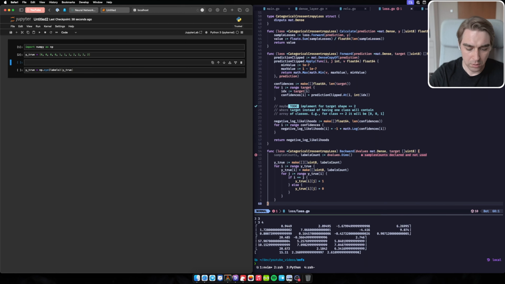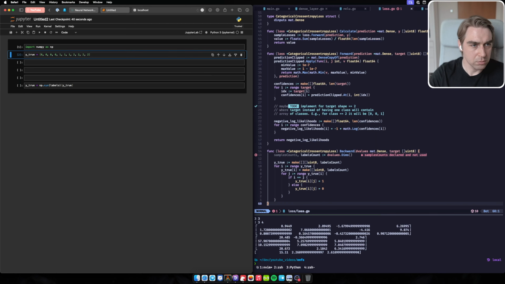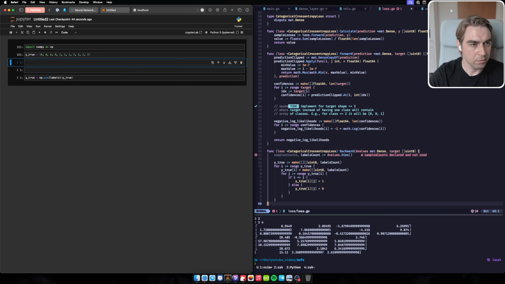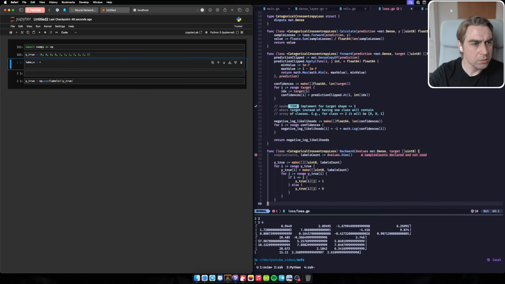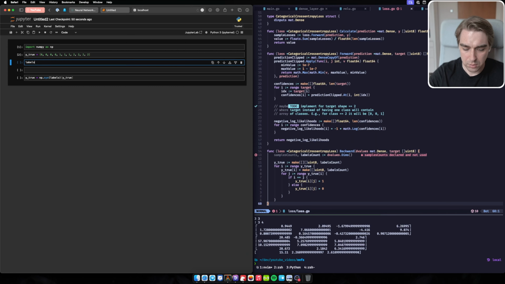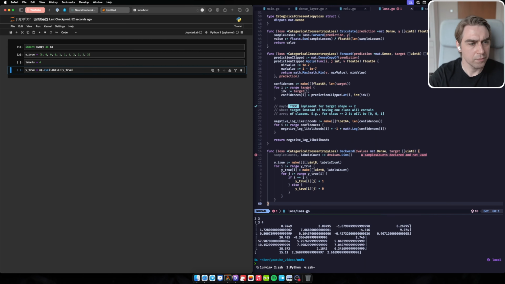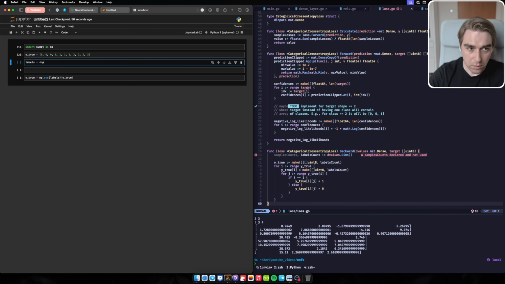Then labels equals 4, right? And then we I labels.